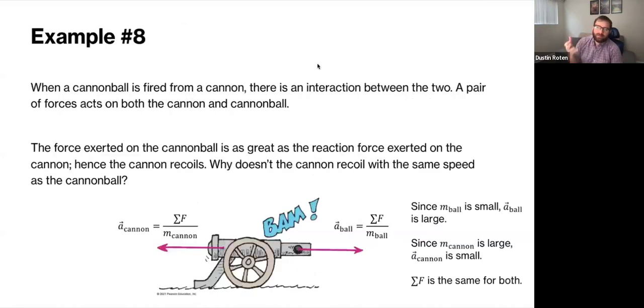And we can see this a little more intuitively if we think about cannons and cannonballs. So when a cannonball is fired from a cannon, there is an interaction between the two objects, the cannonball and the cannon itself. A pair of forces act on both the cannon and cannonball.